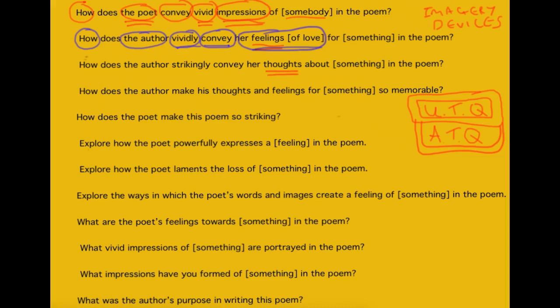If we go down just a little bit further, slightly different question words, but it means pretty much the same thing. Explore how is the same as how, really, isn't it? So even if you get this particular question structure, it's all asking you the same thing, how, or the ways in which.